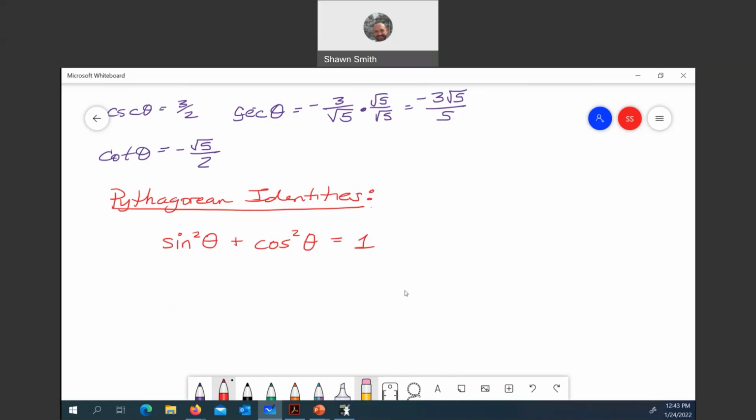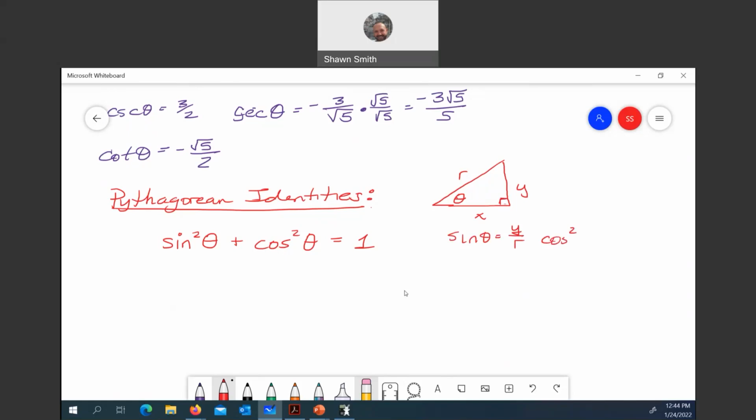Let's see. This is x, that's y. This is r. Let's say theta is right there. And let's see, if I say the sine of theta is y over r.